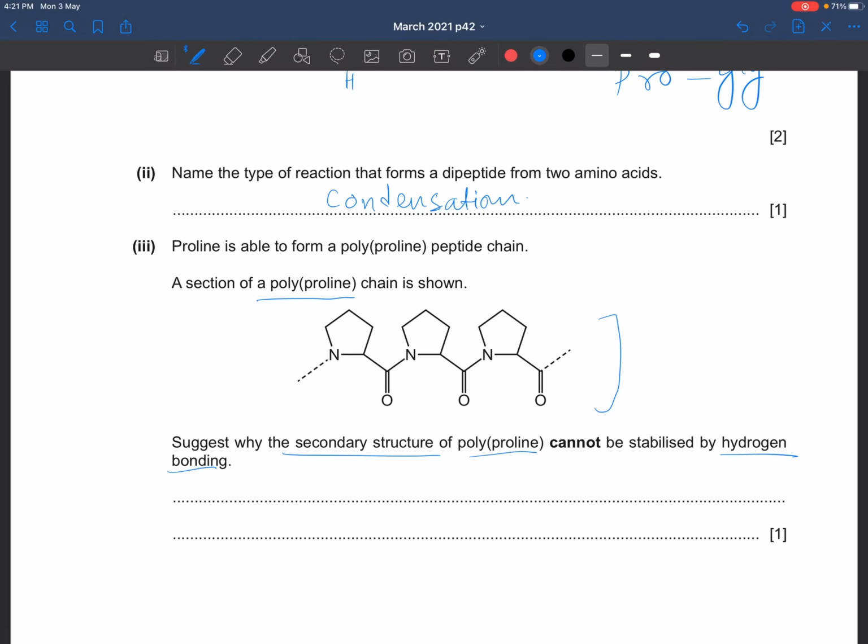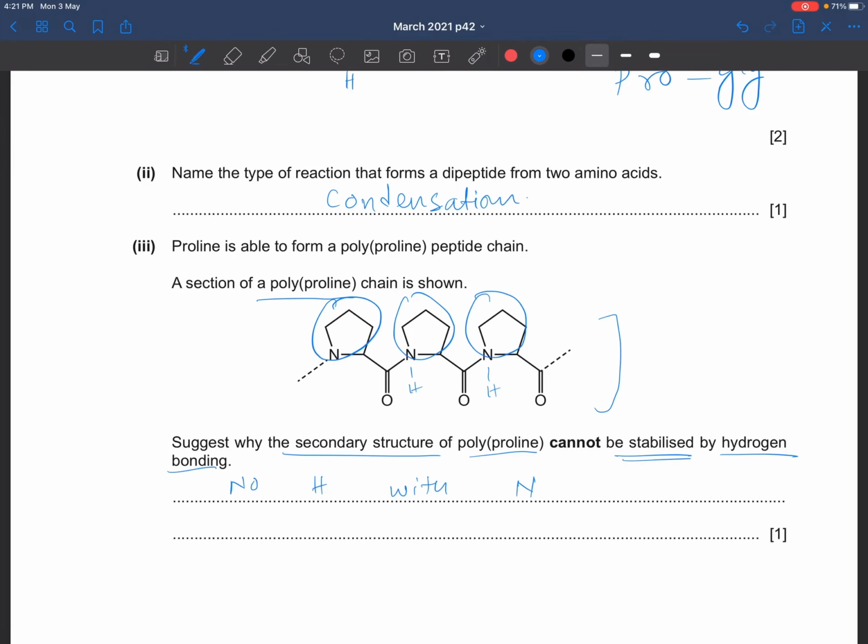So we all know that secondary structures are stabilized by the hydrogen bonding between the linkages. Now, why can it not be stabilized? First of all, there is no hydrogen with the nitrogen, so we can say no hydrogen with N. Or you can say that we have these bulky groups present, so there would be a huge gap.